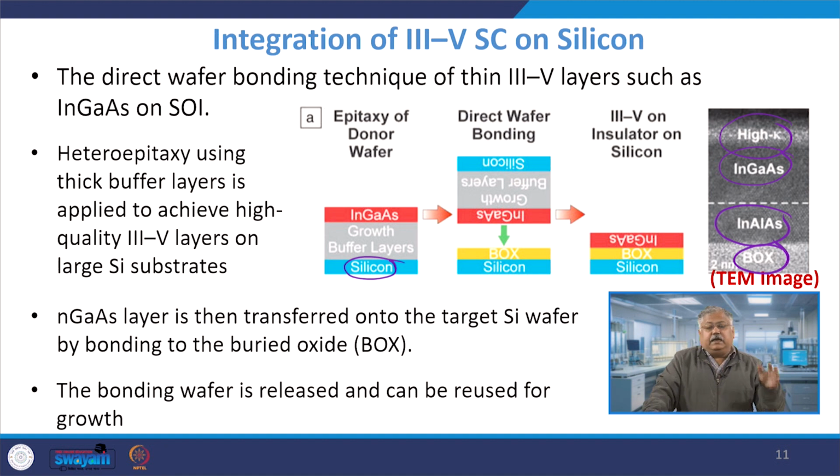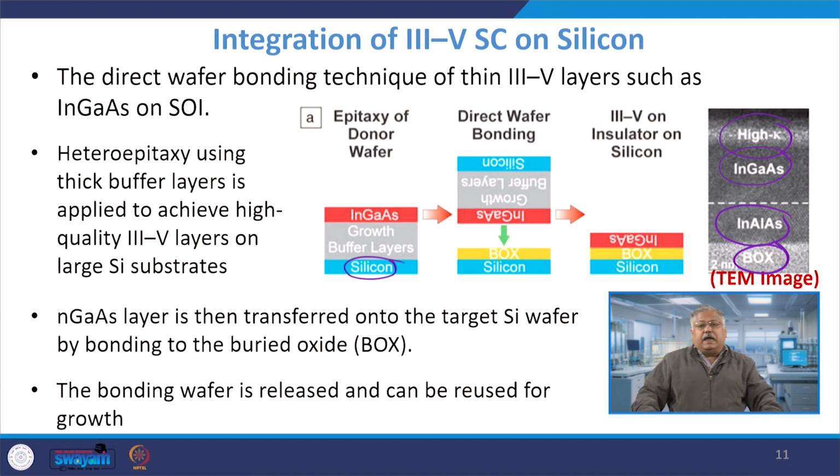So this is basically a methodology of forming a III-V material on silicon, right? The technique used is basically heteroepitaxy, using a thick buffer layer to achieve a high quality III-V layer. How will you generate a very well defined III-V layer on a silicon substrate? That is what is shown here.